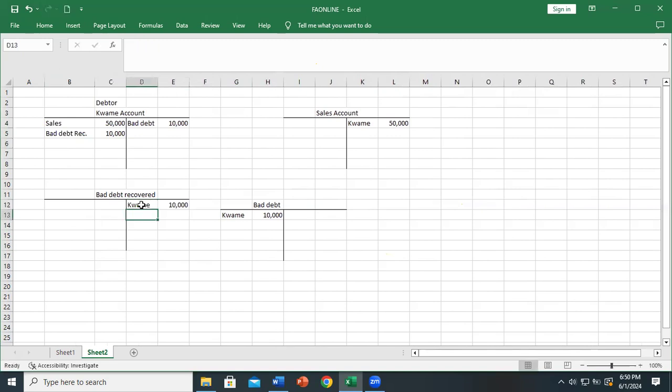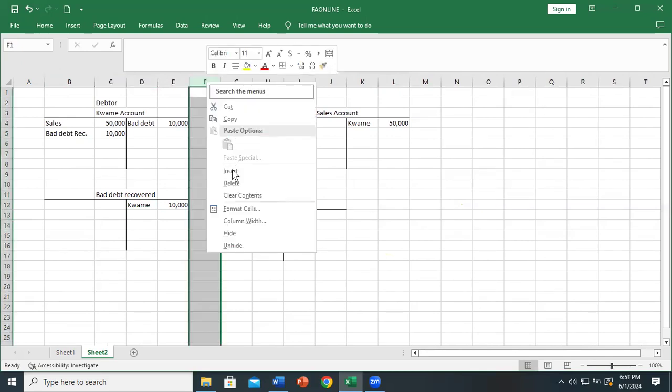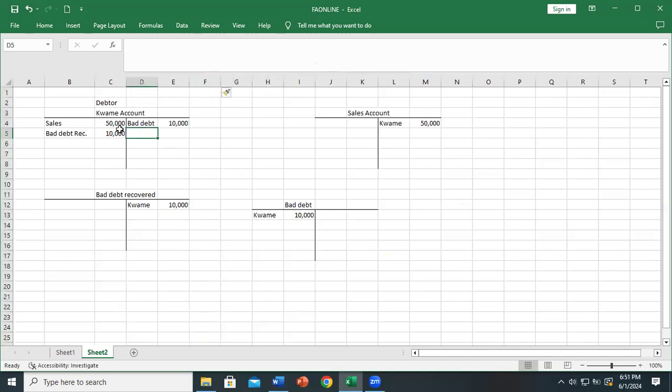Like this. Now follow me and you'd realize that it's very simple and makes a lot of sense. So look at it. Kwame was owing us 50,000. And initially we decided to cancel or write off 10,000. And for that matter, we credited it with that 10,000 and debited it into the bad debt account.